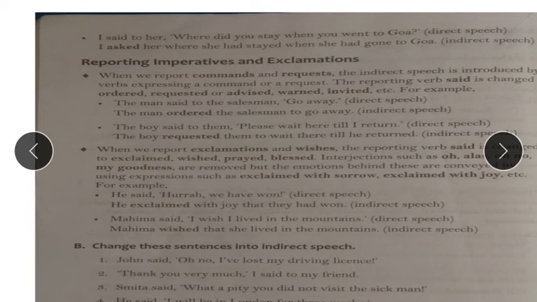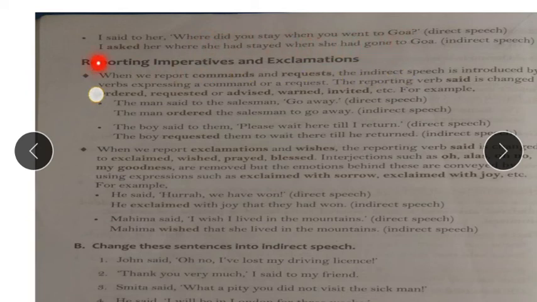This is simple past tense, so simple past tense will change into past perfect. Look at the table given in your book. So, where did you stay when you went to Goa?